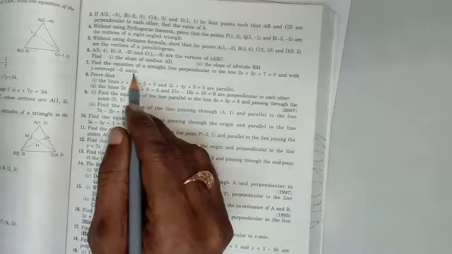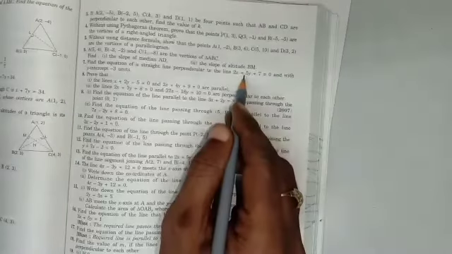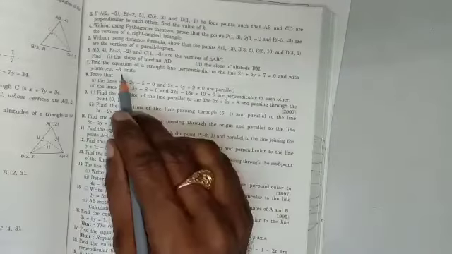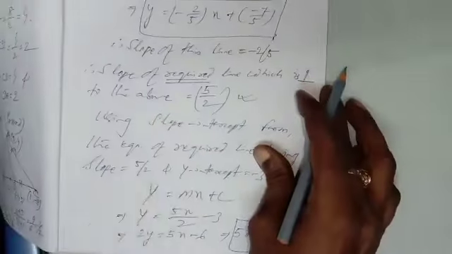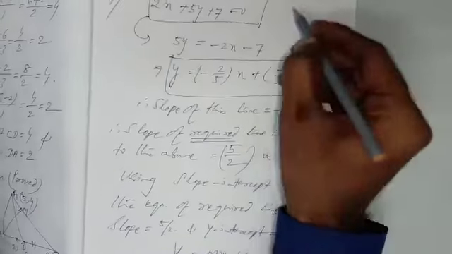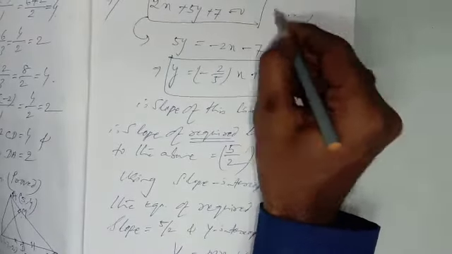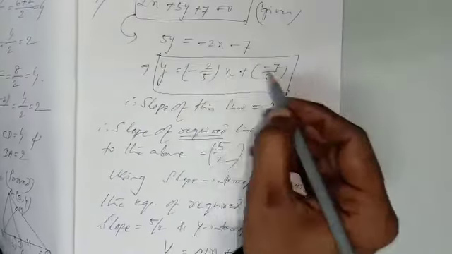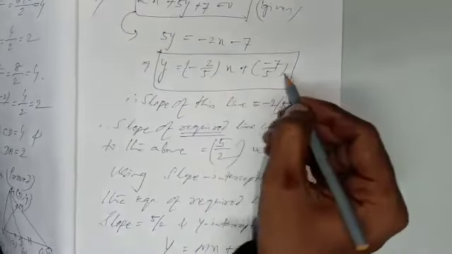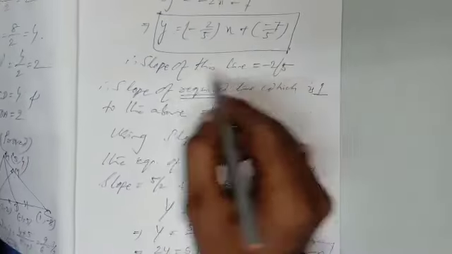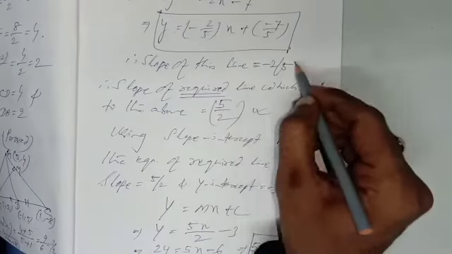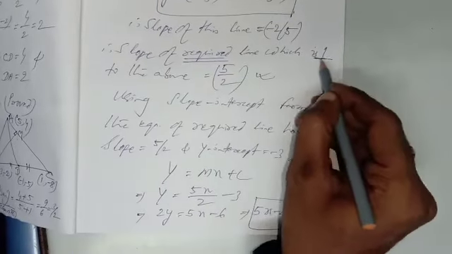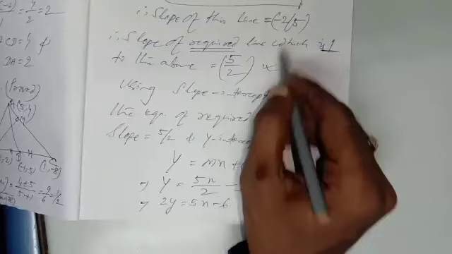Y-intercept is given and equation of the given line is given, you have to find out equation of the required line. From here you have to arrange in the form of y is equal to mx plus c. Here m is minus 2 by 5. Slope of this line is coming minus 2 by 5. Therefore, slope of required line which is perpendicular to the above line will be 5 by 2.